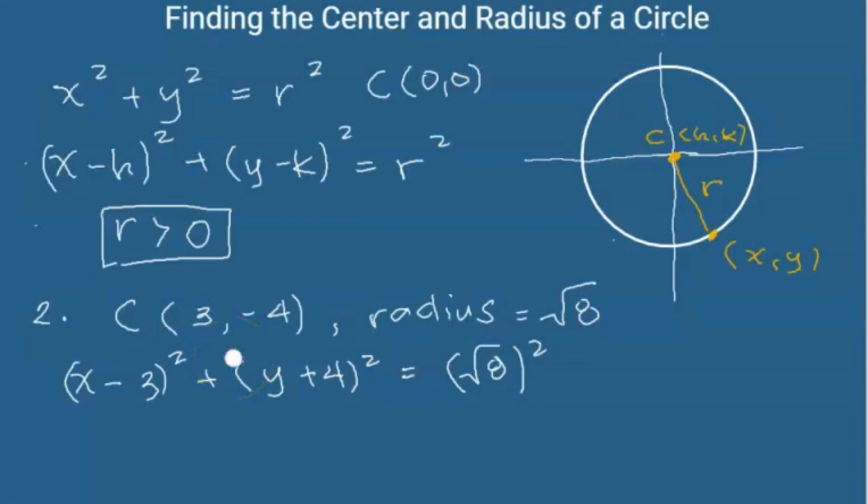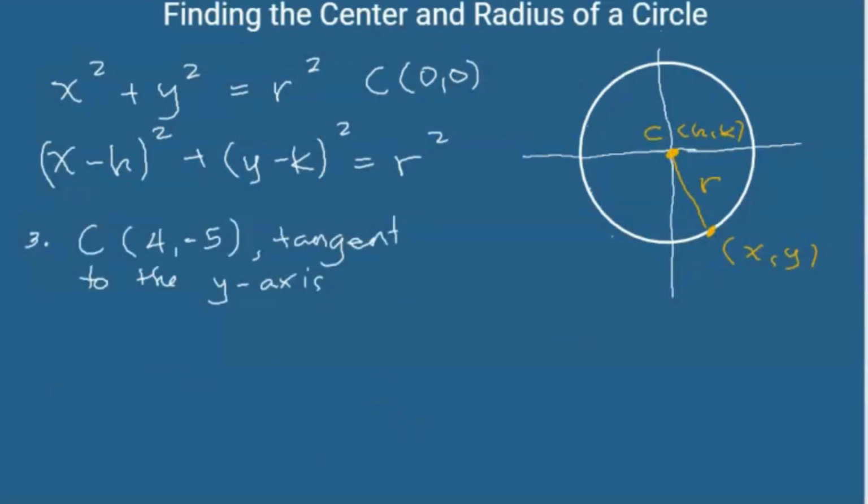So let's simplify our answer. That would be (x minus 3) squared plus (y plus 4) squared, and the square root of 8 squared would be 8.